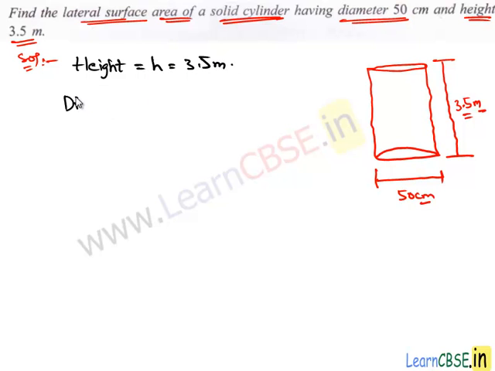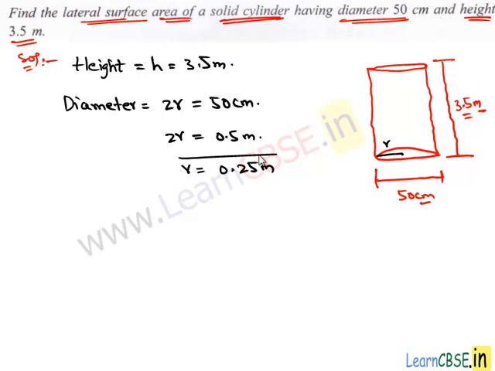Similarly, the diameter of the base circle, which is 2 times its radius, is equal to 50 centimeters. And we know that 50 centimeters is 0.5 meters. Therefore, the value of r is 0.25 meters. By using these two, we can find the lateral surface area of the solid cylinder.